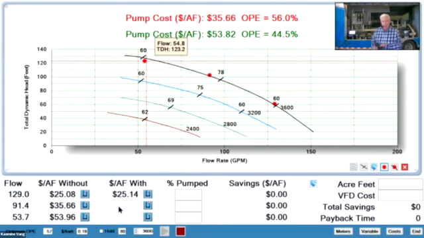You get the idea. Now I'm going to use a VFD to do the same thing, set at 60 pounds pressure, because we have all this extra pressure we're burning off in that pressure regulating valve. So I'm going to open this back up.